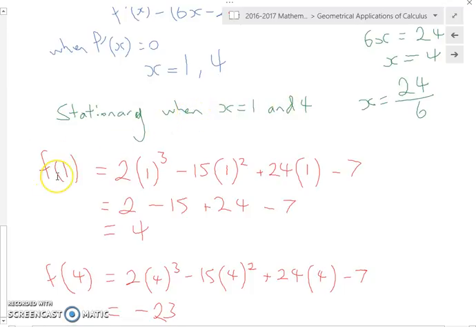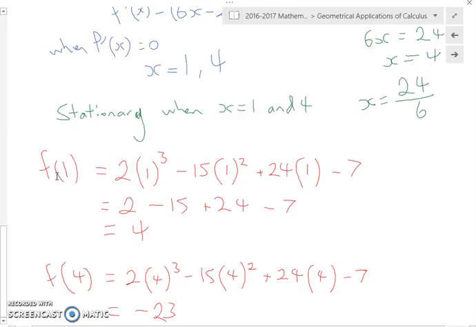And then we have subbed it back into the original equation. By subbing it into the original equation, what have we found? We found the y value. So what have we found? We found the coordinates of the stationary point.